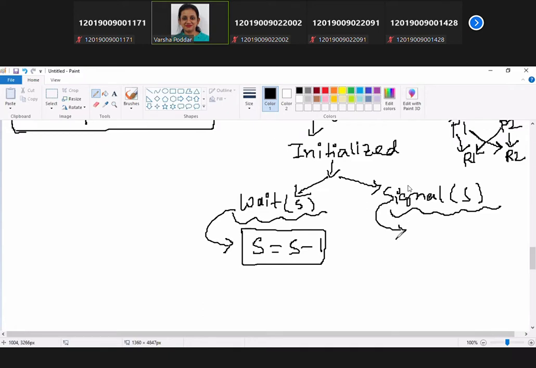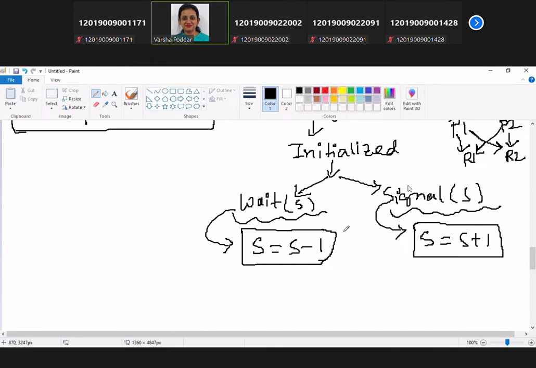And by using signal, the semaphore value is released by 1, that is, increased by 1. Understand the concept well. When you are using wait of semaphore, you are decreasing the value of the semaphore by 1.